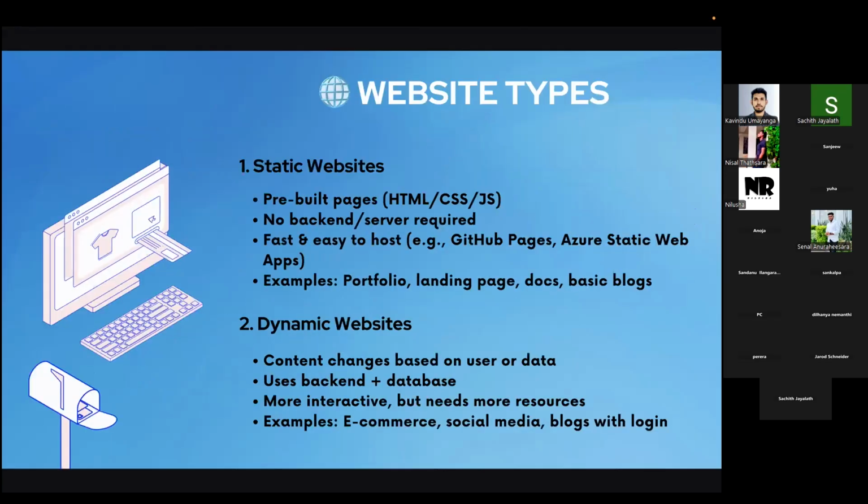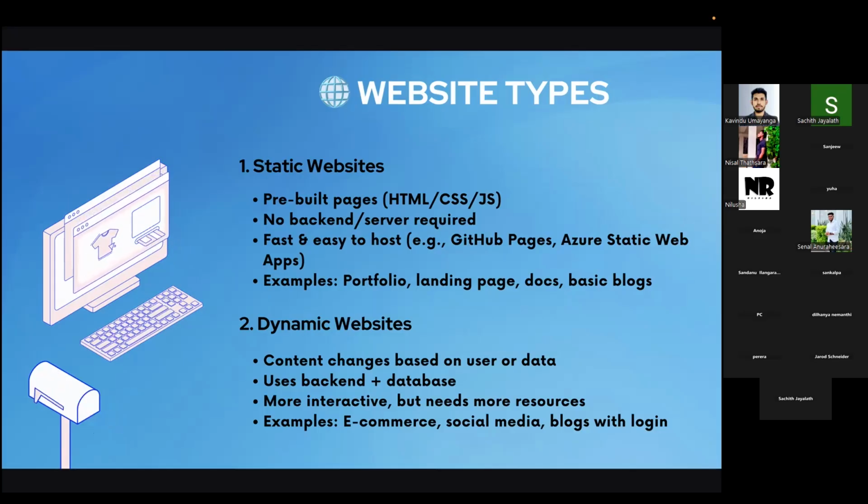These are the two types of websites. The first one is a static website. Today we are going to create a static website. And what is a static website? These are pre-built pages like HTML, CSS, and JavaScript. There is no backend or server required. So that is a static website.